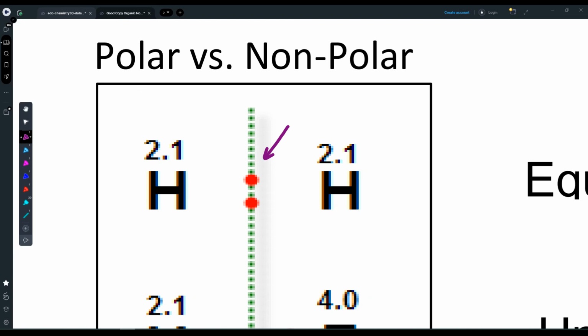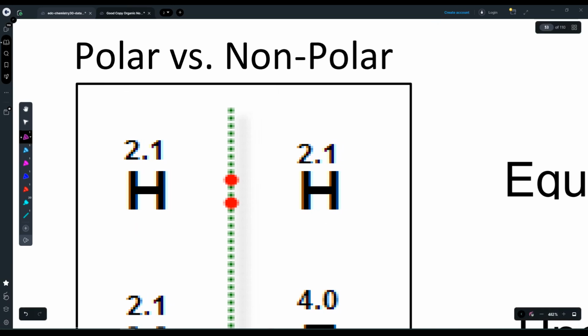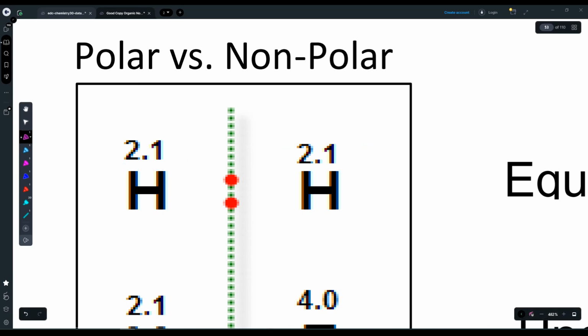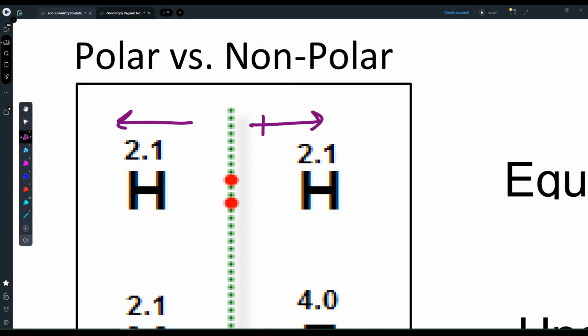In other words, these two electrons represent a bond between these two hydrogen atoms. As you notice, these values are the electronegativity values and they are the same. What that means is that each of these hydrogens, so I'm just drawing in dipole arrows here, are pulling on these electrons with equal and opposite forces.